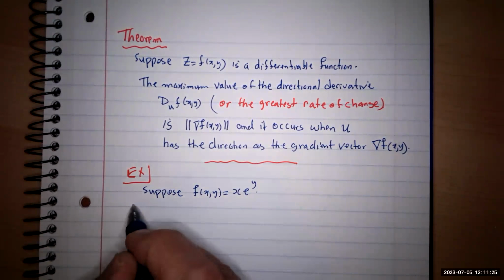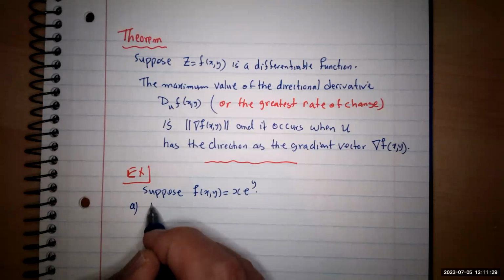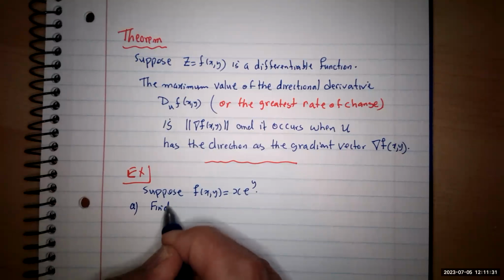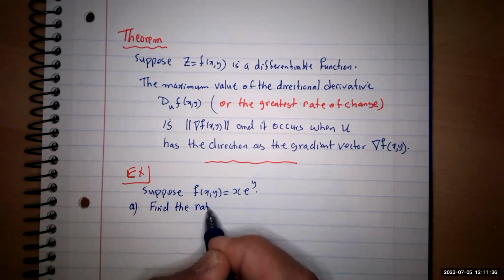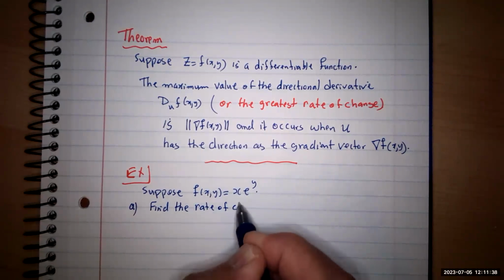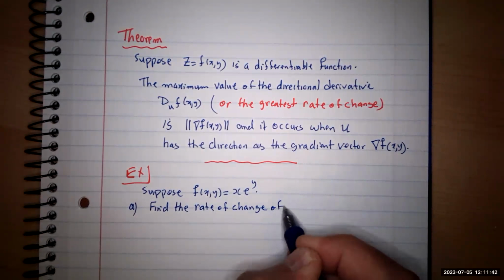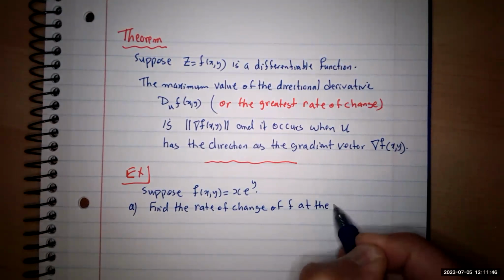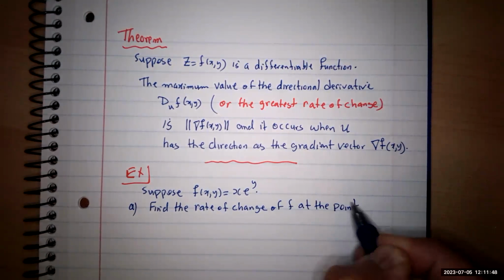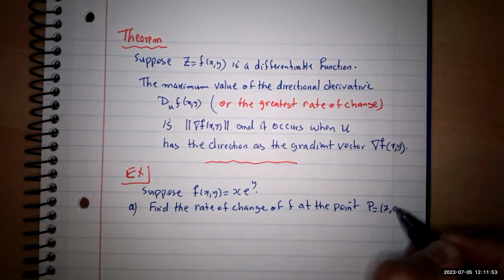The first part, they ask for the rate of change. So find the rate of change of the function f at the point P, which is 2 and 0.